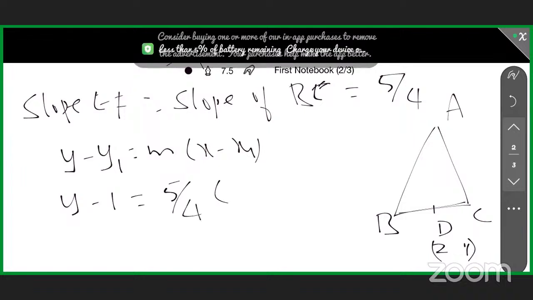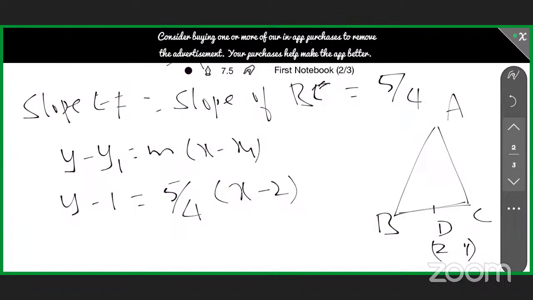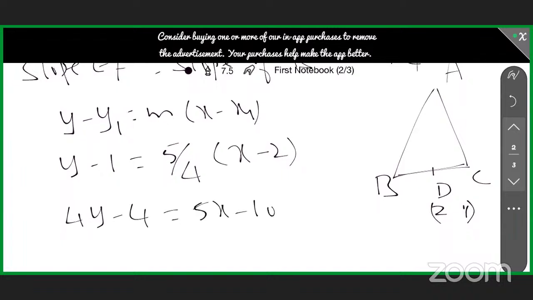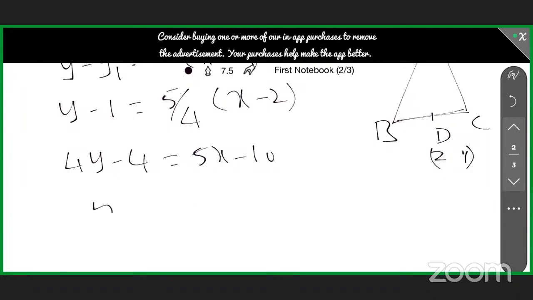If you simplify this, 4y minus 4 equals 5x minus 10, which is 5x minus 4y minus 6 equals 0.